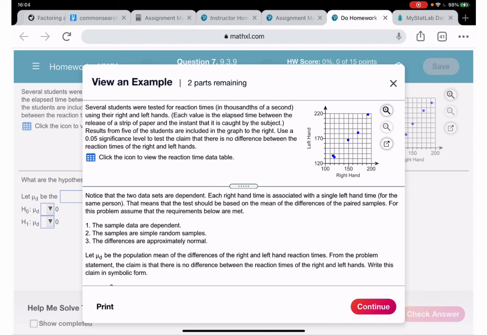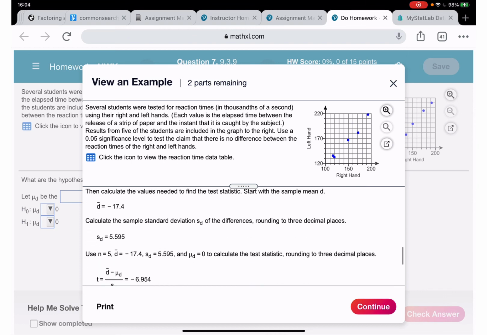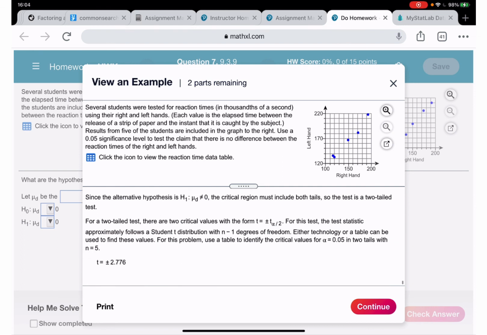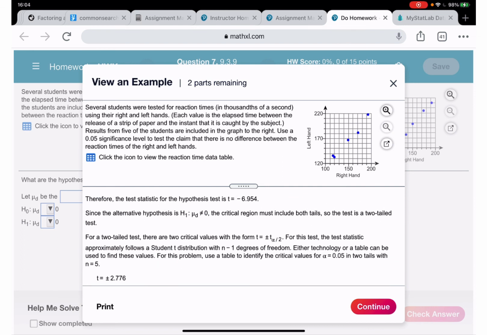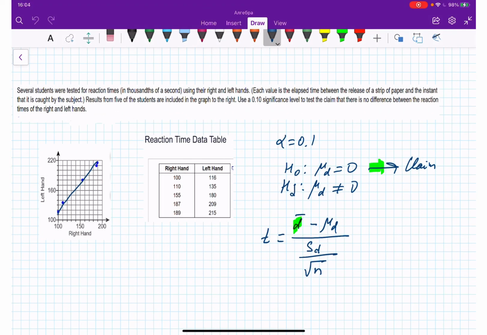Here it is, 0.05, yes. Since it's a two-tail test, we are going to take alpha half. Or we don't have to, since this is a t-test. We just go straight to the t-test and take the alpha for two-tail.